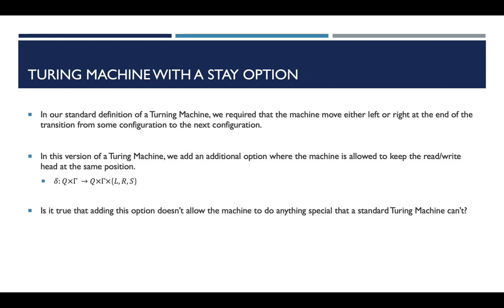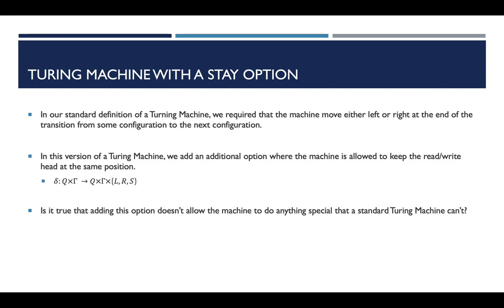And so the fundamental question we want to ask over and over in this lecture is, have we actually modified this machine's ability to perform computation? Have we added problems that can be solved by this Turing machine that were not solvable by the previous definition of a standard Turing machine?